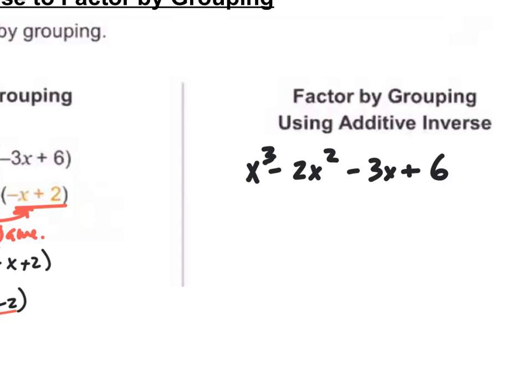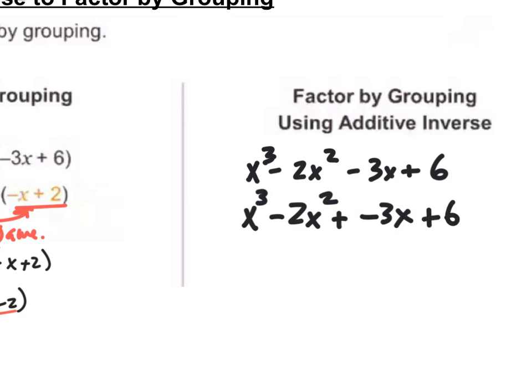And it's just because of this negative here. If you have this negative value in front of your x, in front of this third term, then we need to do this. So I always do this: x cubed minus 2x squared plus a negative 3x, using the additive inverse. Instead of subtracting 3, I'm going to add negative 3, and then plus 6.